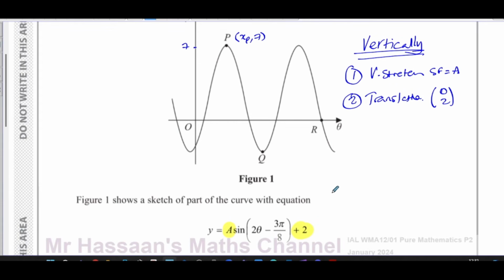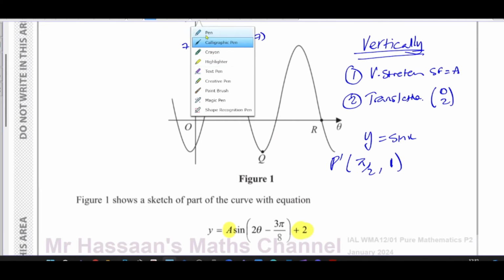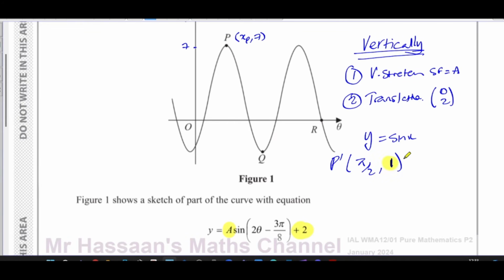Now, P, if it was y equals sine x, the original position of P would have been where it first reaches its maximum. That would have been pi over 2 and 1. 1 would have been where it was vertically. That's a maximum in the sine curve.